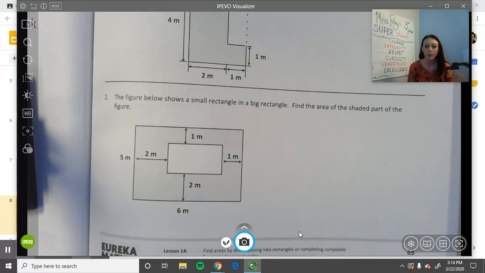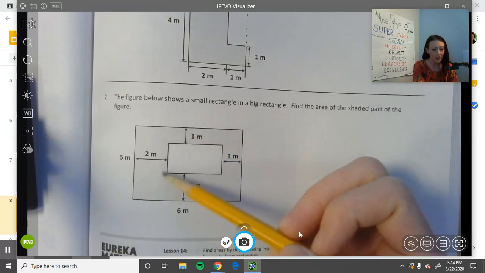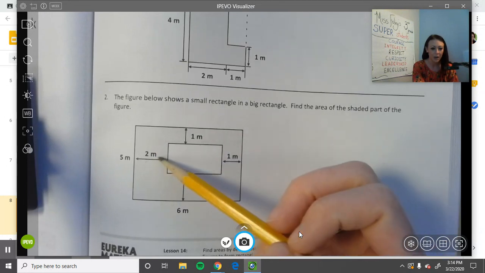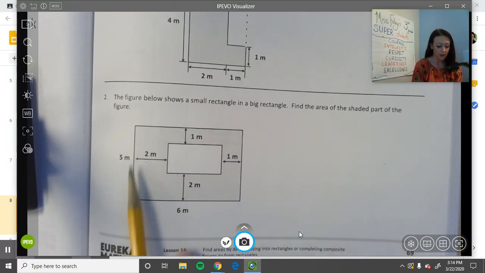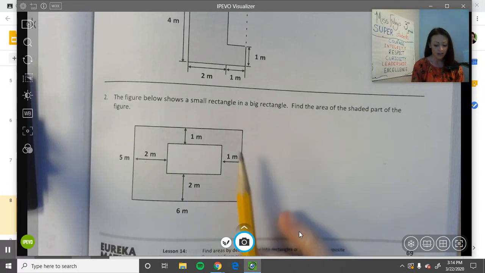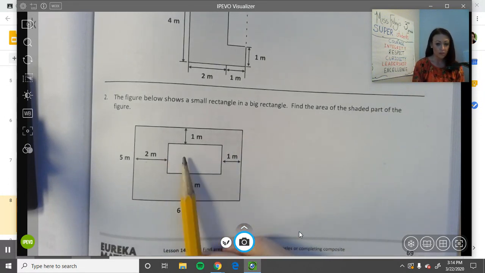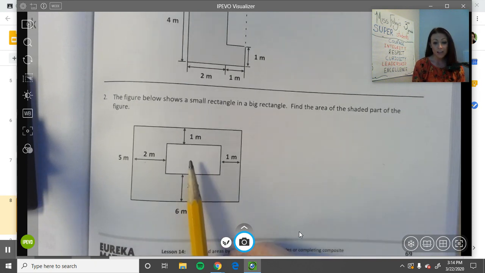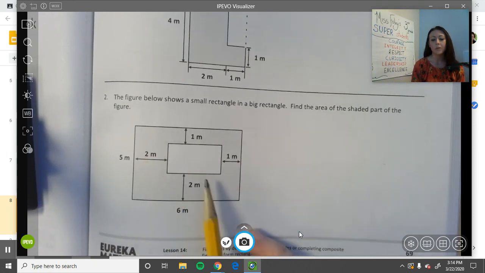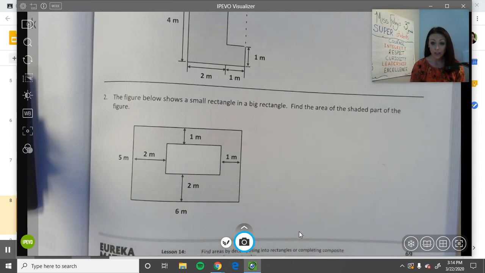So like what I did on part B of my application problem, because it would be a lot harder to divide this shaded region up into separate rectangles based on the dimensions that I have right now. So what I'm going to do is think about finding the area of my larger rectangle first, then the area of this white rectangle, the non-shaded rectangle, and then I'll subtract that smaller rectangle from the total area to be left with the shaded region.